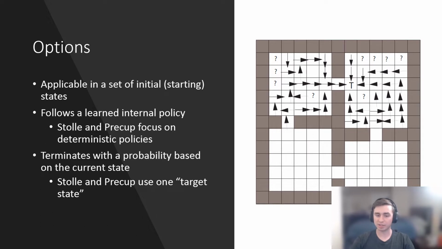So in this case, they use a target state where the termination probability for any other state is 0 and the termination probability at the target state is 1 to simplify the process. On the right, you'll see an example of an option with a target state right next to the hallway labeled T. You'll see that in general, the option tends to move towards this target state, and this was all automatically generated and learned as per the reinforcement learning policy.